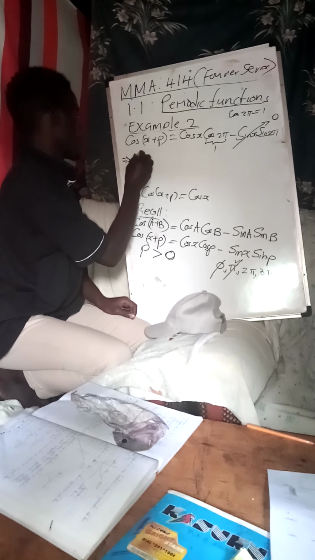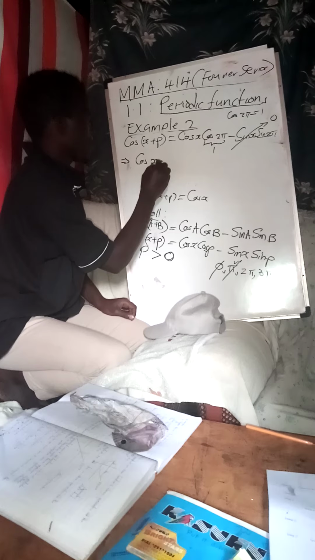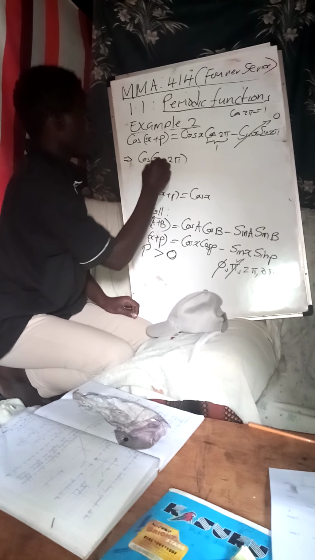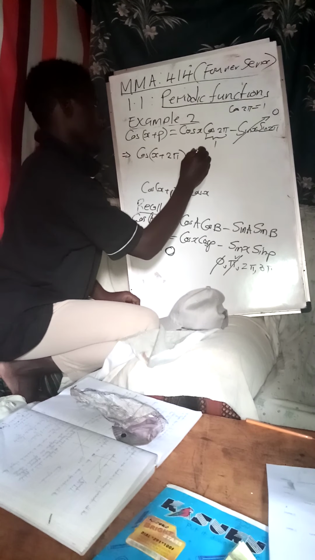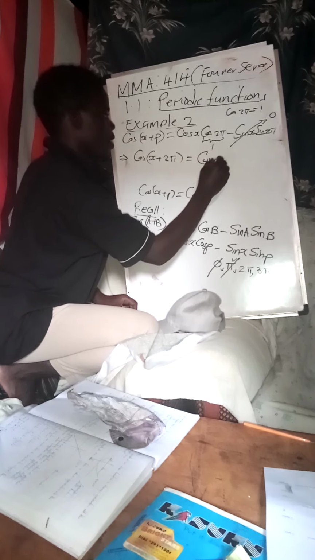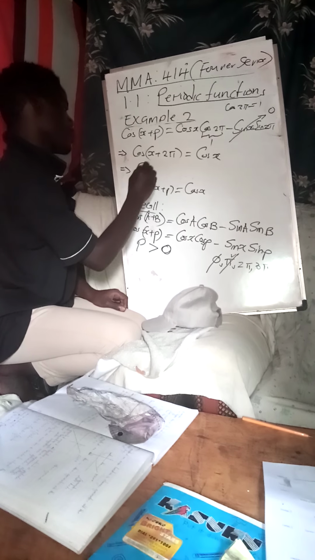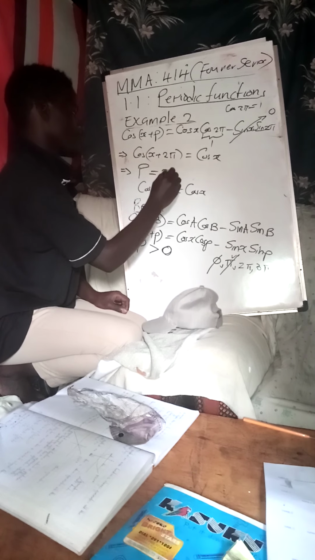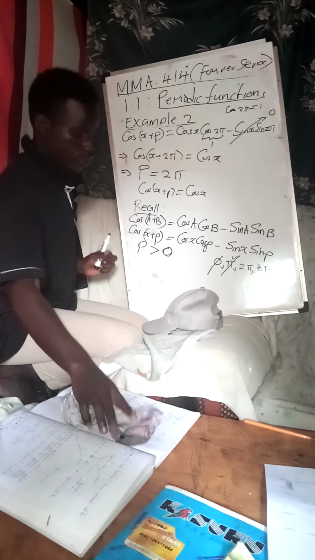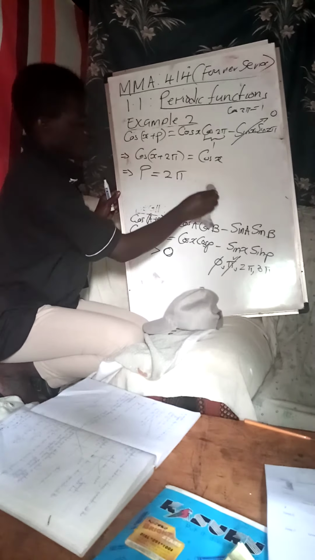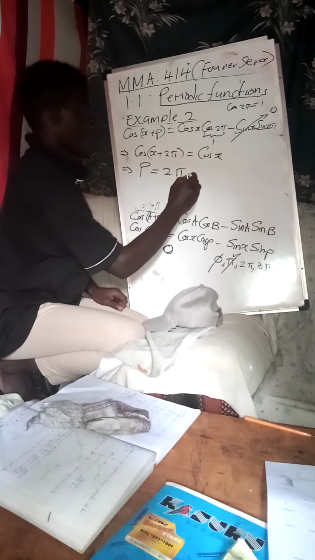Which implies that cos of x plus 2 pi, which is our period, will be equal to cos of x. So our period p will be equal to 2 pi, as required.